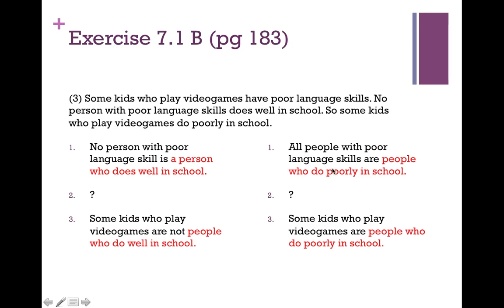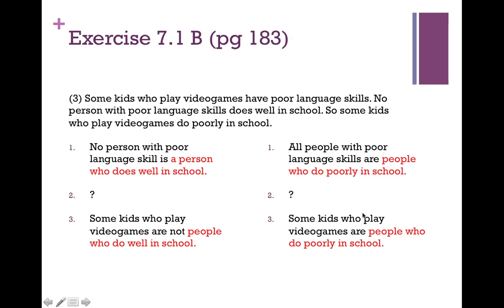So this is one way we could do this argument. We could find the obverse of this proposition right here, and now what we've done is construct an argument in which the predicate here is the same as the predicate here. The major terms line up, because people who do poorly and people who do poorly line up. On the other hand, we have another option, which is to find the obverse of the conclusion.